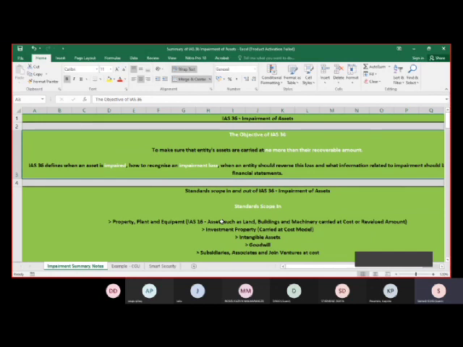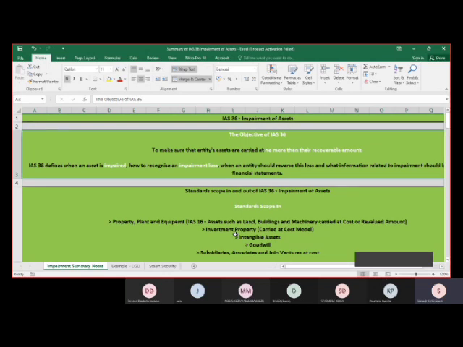There are standards that are scoped in IAS 36, and then there are standards that are scoped out. You'll see as I go through these notes that for some standards, when you impair assets, you don't revert to IAS 36. They've got their own standard. So just pay attention to that.